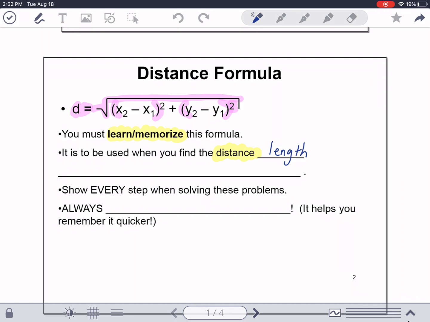You use the distance formula when you want to find the distance between two points. Whenever you're using this formula, I want you to show all your steps, and I always want you to write it down if you're using it, because if you write something down, it helps you to remember it quicker.